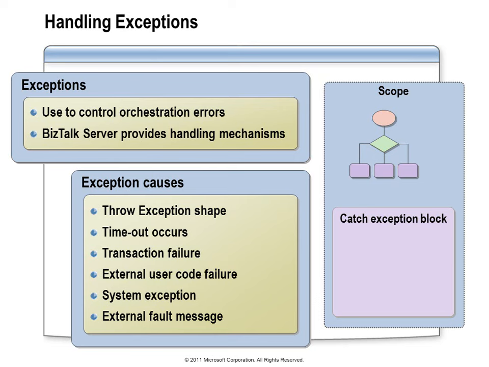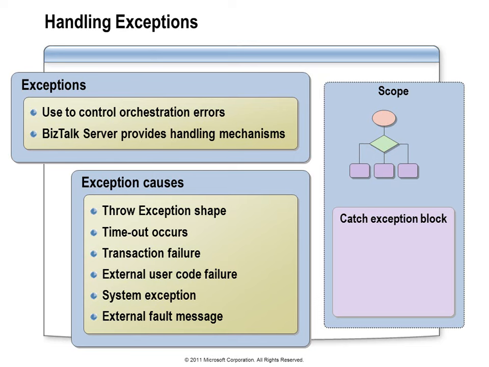If for whatever reason an orchestration can't be persisted to the message box, an exception would be thrown there. And it's also possible that you might make a call to a web service, and that web service might return an error in the form of a SOAP exception. If that occurs, then that exception would be reported to the runtime engine, and your orchestration would have to deal with it somehow.